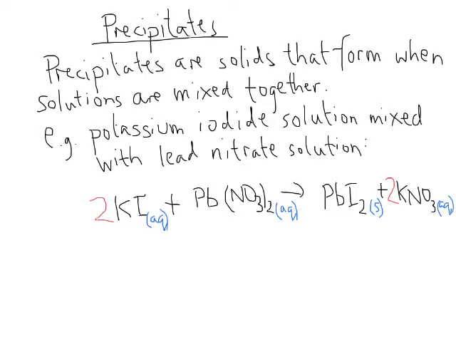We call this reaction where we swap partners, in this case the iodide and the nitrates swapping places, swapping ions, a double displacement reaction.